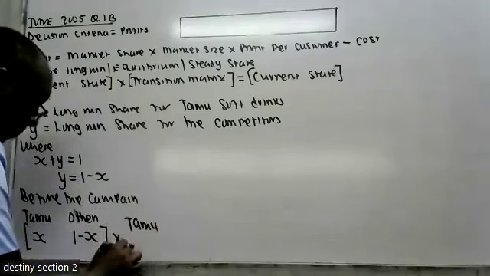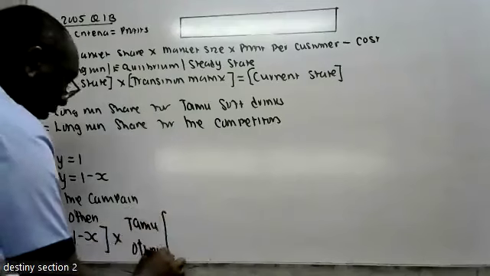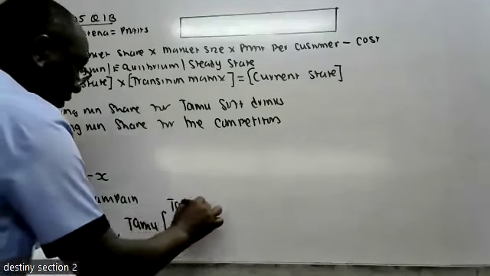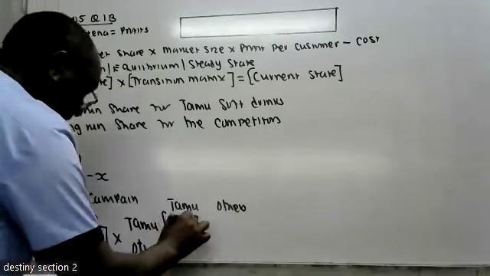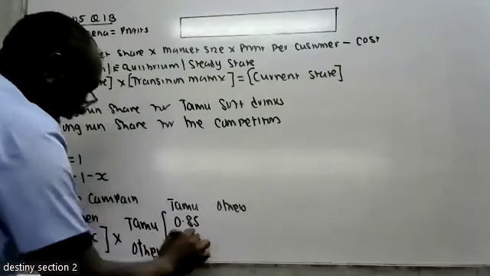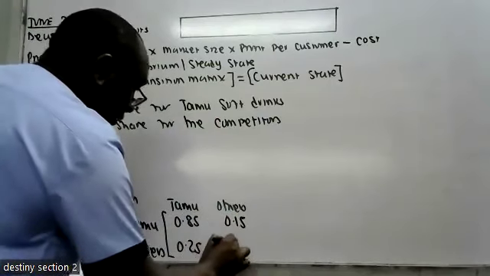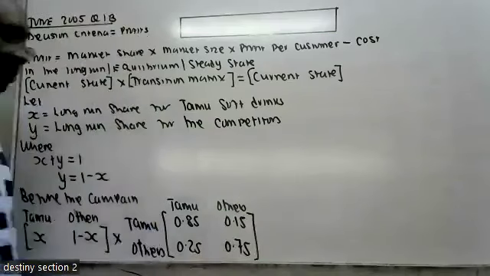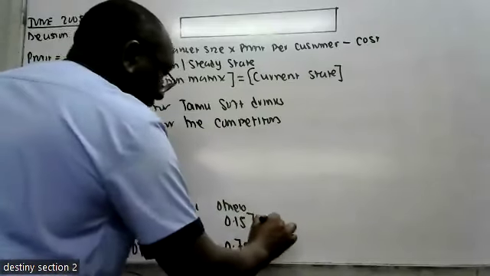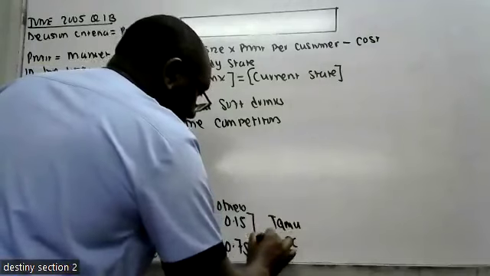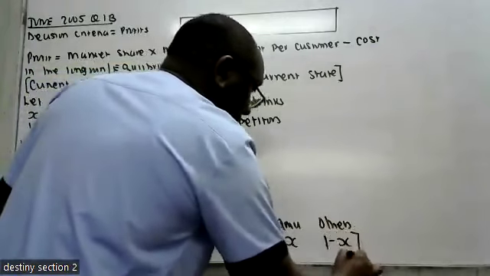We have Tamu here, we have others, and then we have Tamu here, and we have others, which is 0.85, 0.15, 0.25, and 0.75. Now when we multiply, it should give us the share for Tamu, which is X, and the share for others, which is 1 minus X.